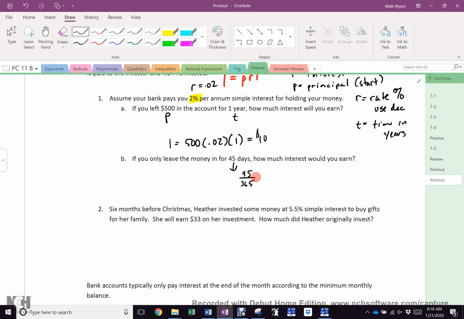If I did it for a month, 1 over 12. What if I did it for a week? 1 over 52. Everybody cool? What if I did it for 6 months? Half. Everybody good? I don't need to talk anymore about this, do I? It's a 3 variable equation. You can all do it, right?